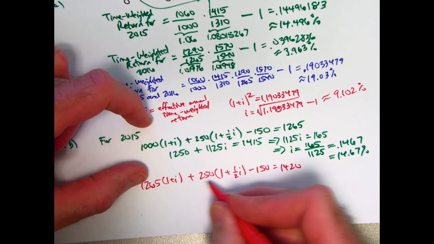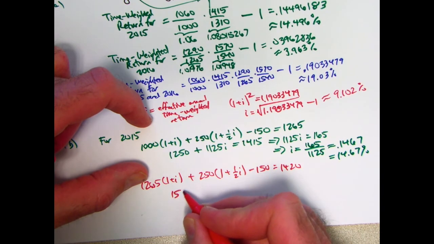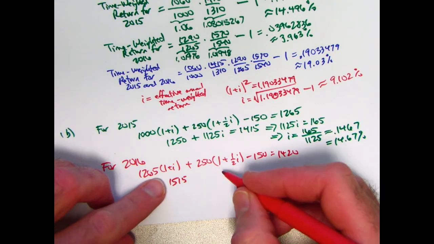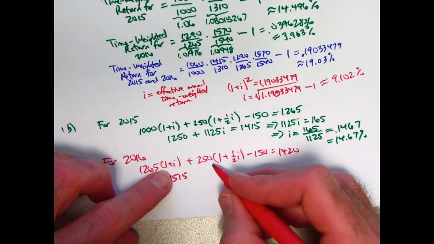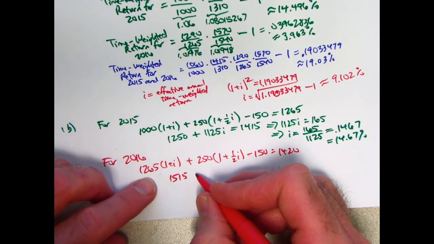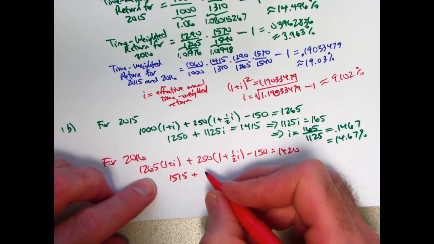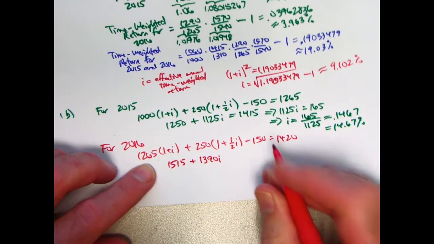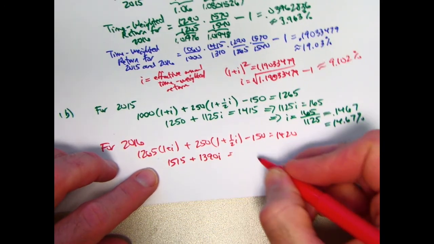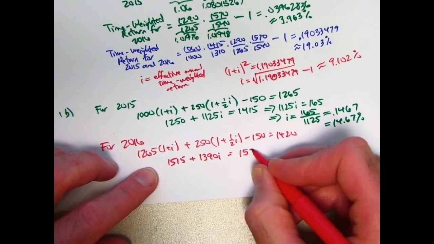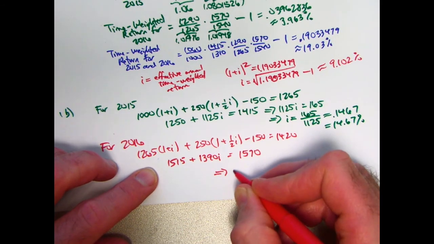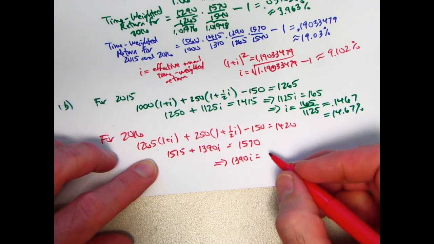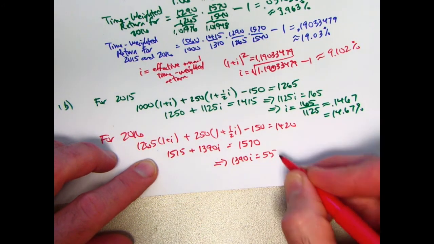So let's see, 1265 plus 250, that's going to be 1515. And then we have 1265 times i plus 250 times 1/2 i. 1265 plus 125 is going to be 1390 i. And then 150 plus 1420 is going to be 1570. So that'll give 1390 i equals 1570 minus 1515, which will be 55.